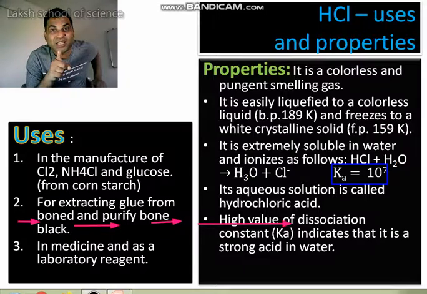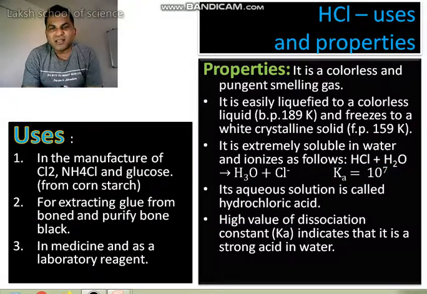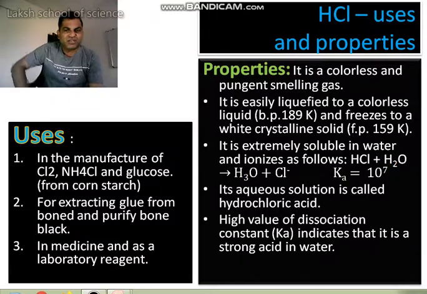As this value is too high, it is believed to be a strong acid. Why is HCl strong? Because its Ka value is very high, up to 10 raised to 7. Hope that you are clear.